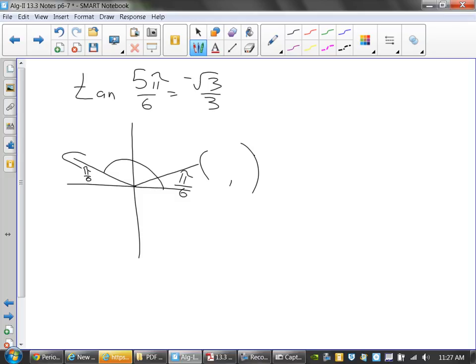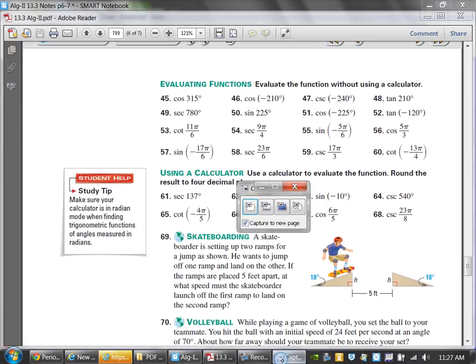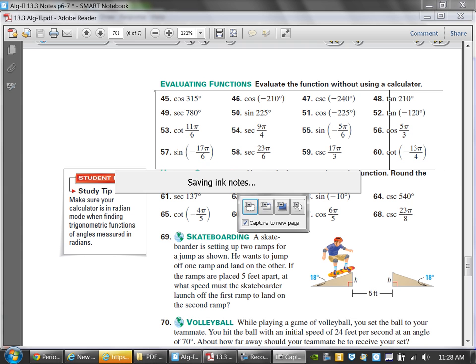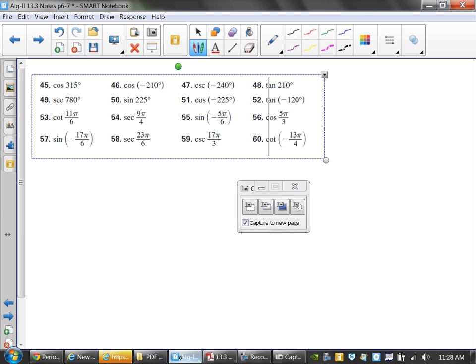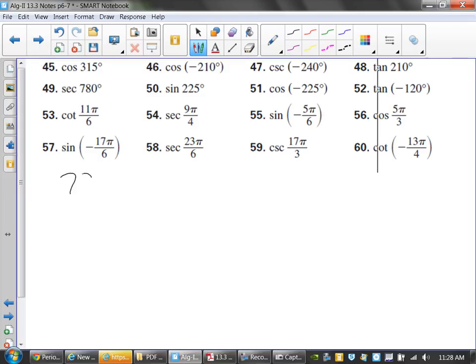I guess I'm still confused on how to get the coordinates. Everything we do, Willis, is built off of your special right triangles. What I want you guys to do tonight is on the next page, 7, 8, 9. I want you to do these by hand, but my suggestion is on your paper, draw your first quadrant.